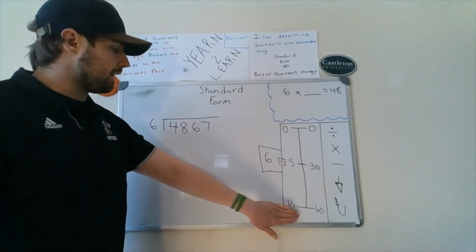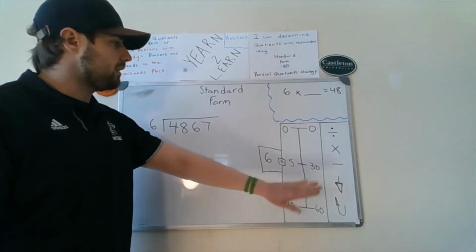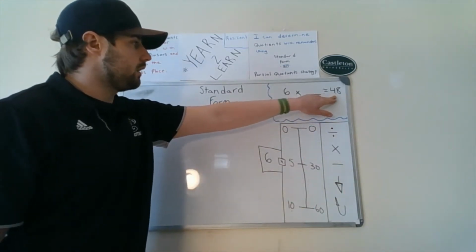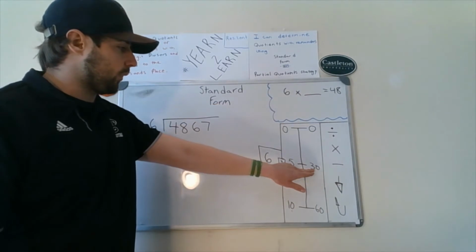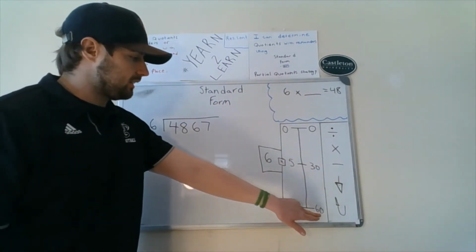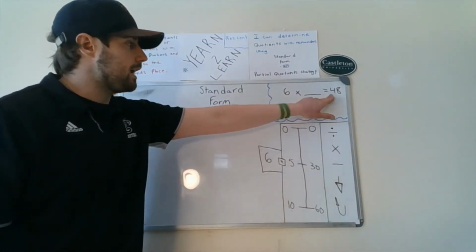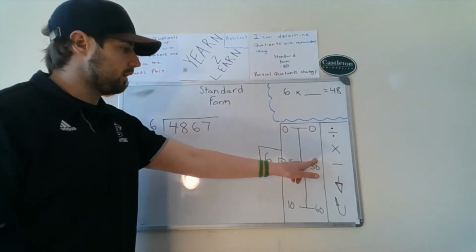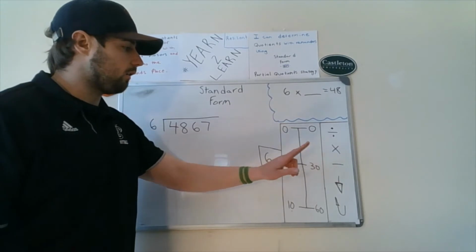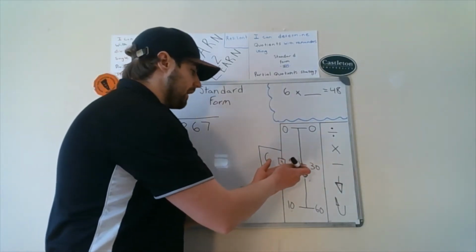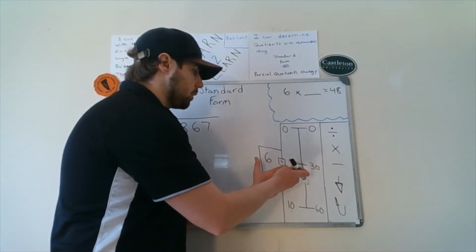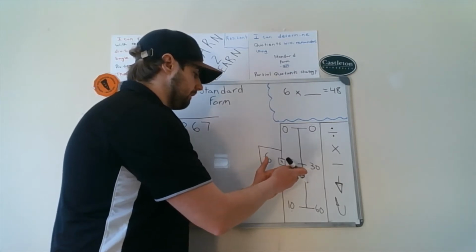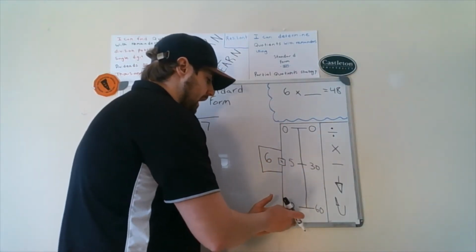So, by looking at the tape, I know that 48 falls between 30 and 60. 48 is much too big to fall between 0 and 30. So, I know that that missing factor, that quotient, is going to be between 5 and 10.